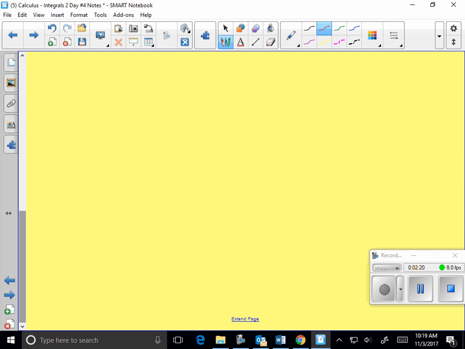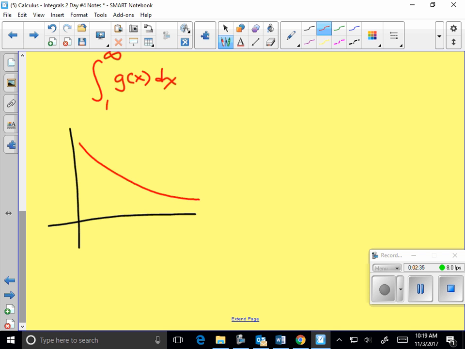So in this instance here, I don't like the graphic that's placed here, so I'm just going to draw something else. Let's say I have the integral of g of x from 1 to infinity dx, and it's just ugly, and I don't want to integrate that because A, I can't, and B, it's going to be real nasty. And let's say it looks like this. I don't know what that function is, but if I can show that this is less than or equal to some p series function, let's say 1 over x squared dx, for all values, off to infinity, then I can show that that red graph must converge because it will be less than for all values.